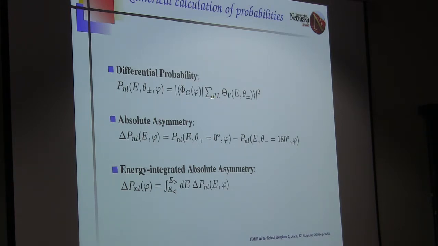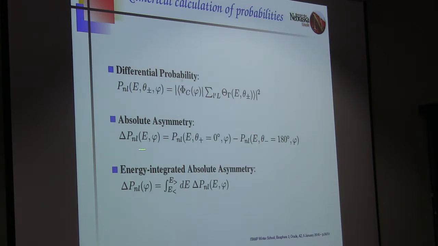So this is the differential probability. These are the different partial waves that you propagate in time, and then you can project onto some core function. And the absolute asymmetries that I will show you are the difference between an angle for linearly polarized light along the positive z-axis and the negative z-axis.